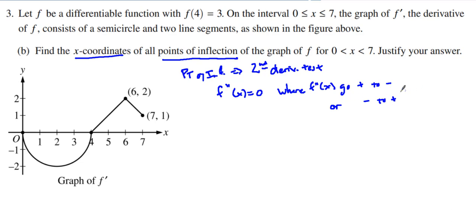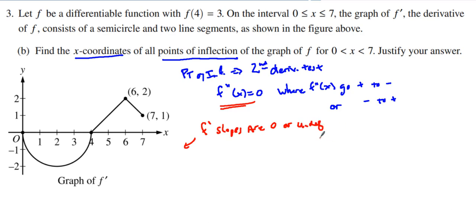And that's where we have a point of inflection. So if we're looking at the f prime prime, we're going to be looking at the f prime graph, this graph right here, its slopes. So we're looking at where the slopes are equal to 0 or where they are undefined, where those slopes are not defined.